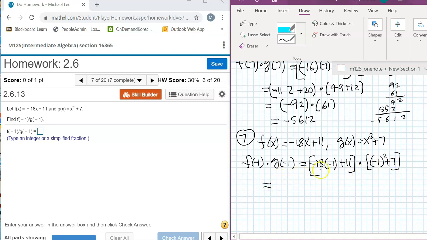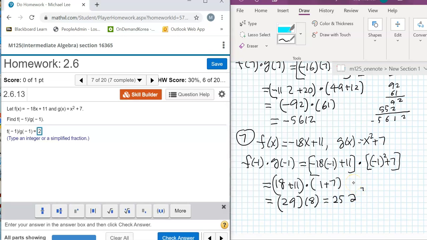So negative times negative makes positive. So positive 18 plus 11 times 1 plus 7. So it looks like this is 29 and this is 8. So this is 232. So 232.